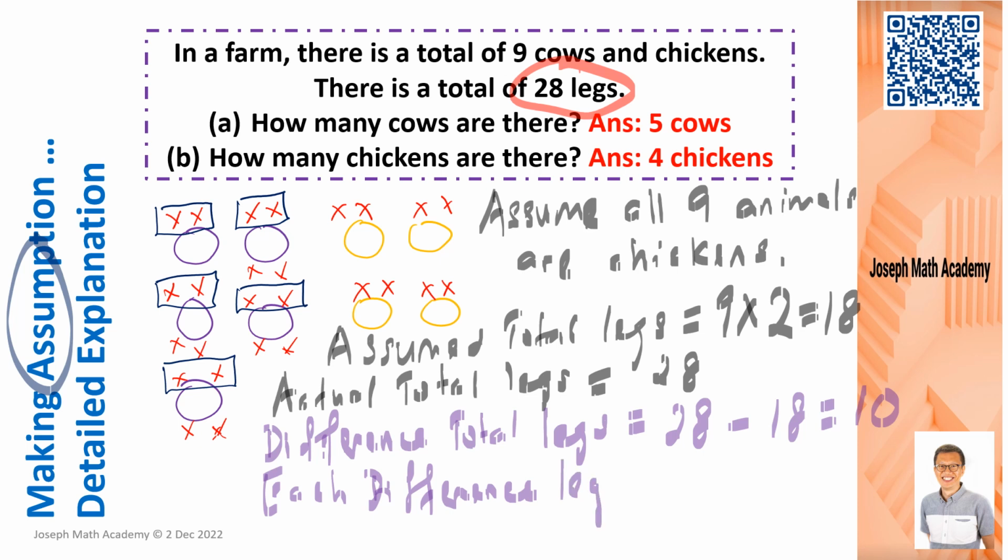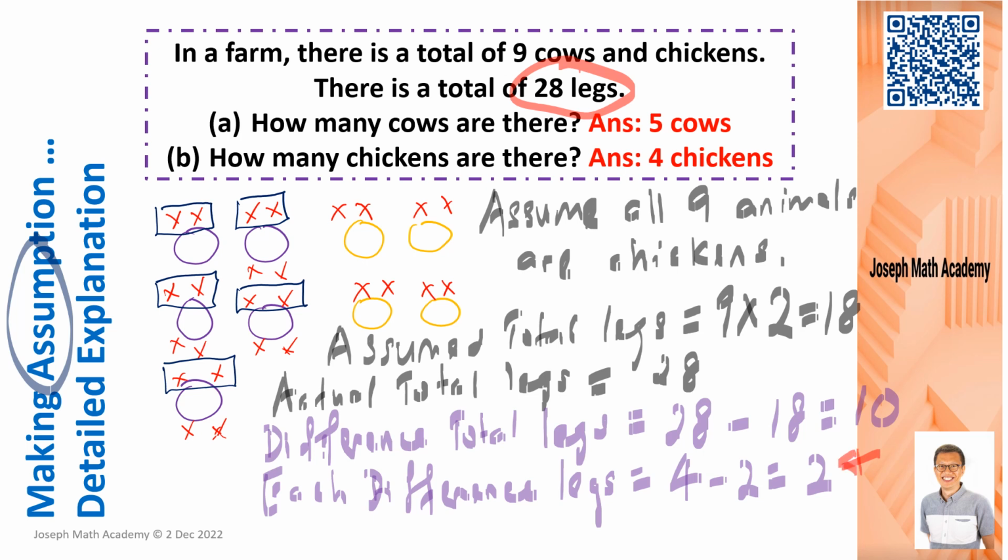So 1 cow is 4-legged, 1 chicken is 2-legged. So the difference is 2. That means 2 legs are hidden by 1 cow.